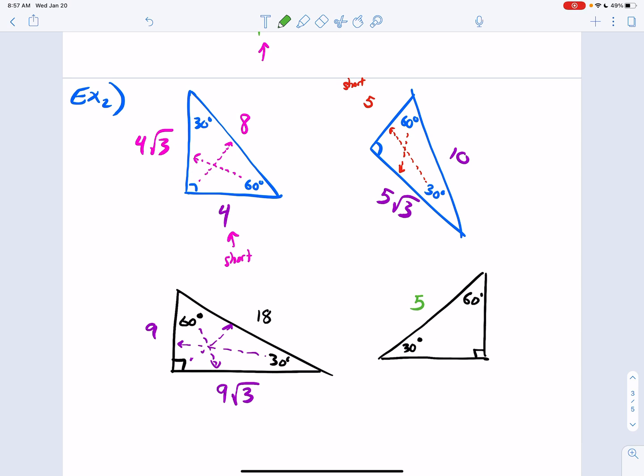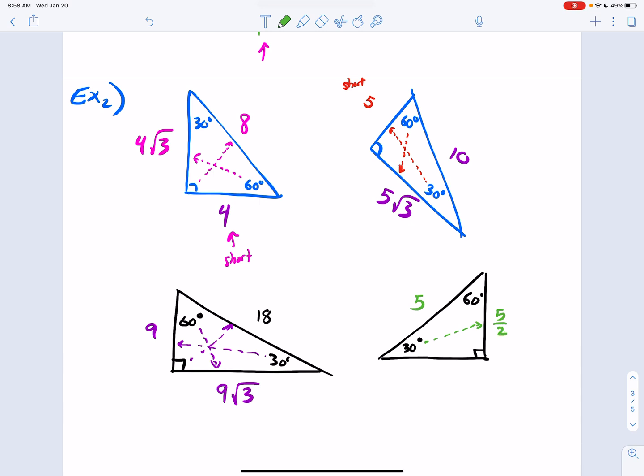Okay, here they gave us the hypotenuse. So I know the short leg has to be half of it. It wouldn't make sense to put 10 here because the hypotenuse has to be longer, okay? So people freak out. They're like, wait, 5? I can't cut that in half evenly. So what you do, half of 5 is 2.5, but even easier, you just take 5 and you divide it by 2.